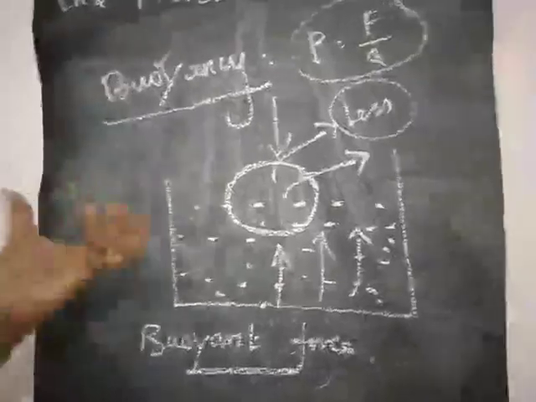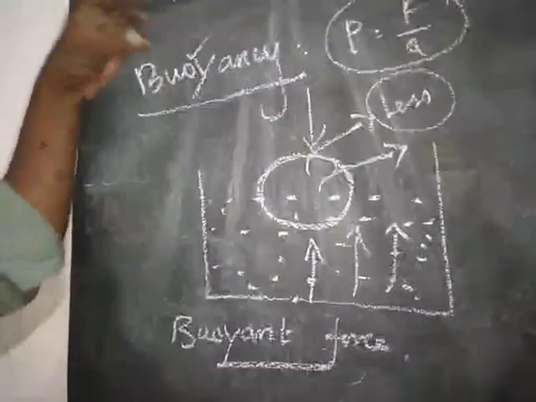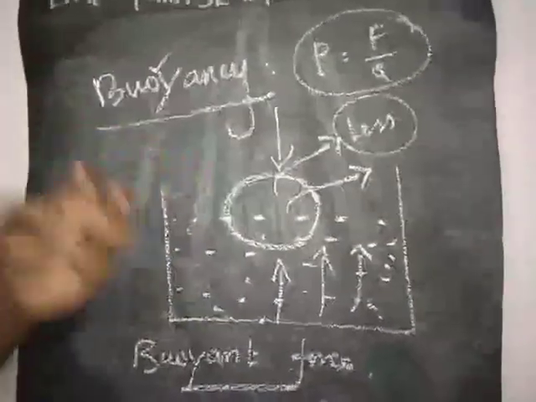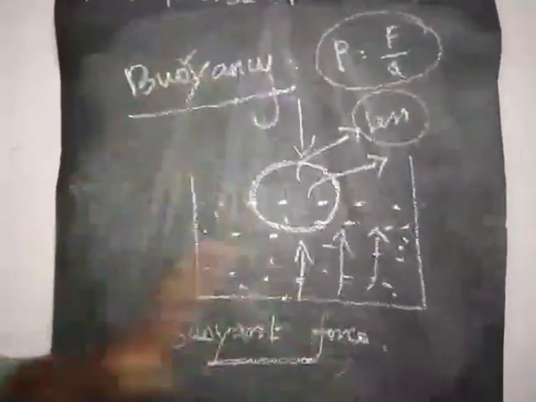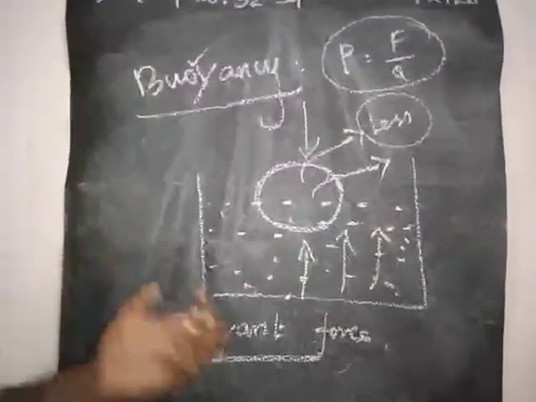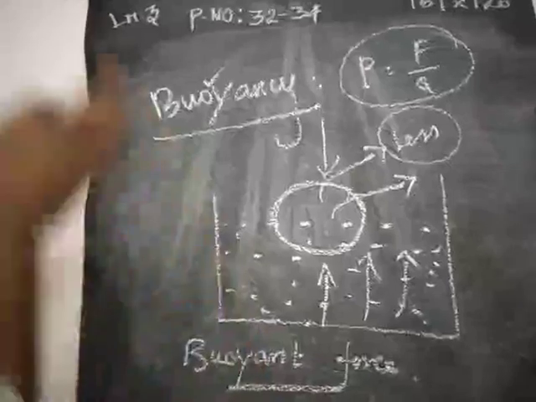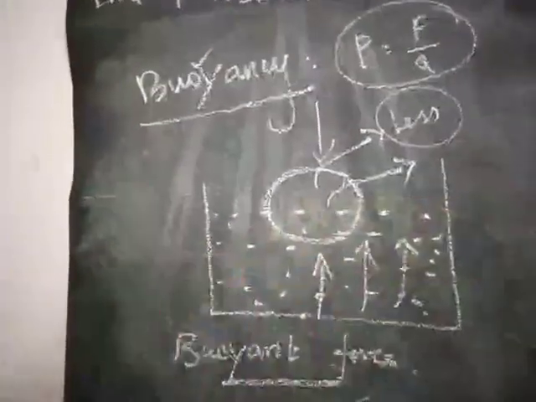If you take any object and put it into the water, what will happen? Suppose its weight is more when compared to water, it will go down. That is called sink. If the weight is less, it will float on the surface. An object with less weight compared to water is called a positively buoyant object. An object with more weight compared to water will definitely sink in the water.